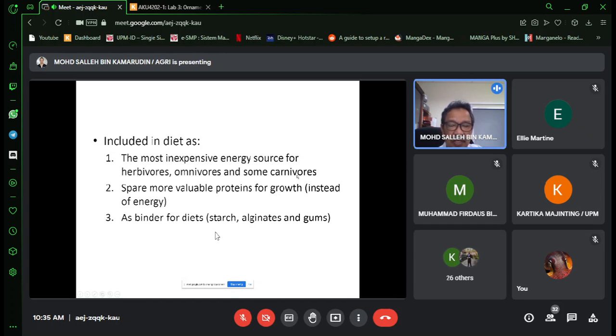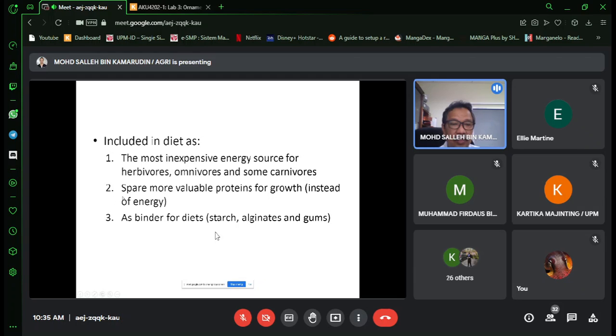Yang carnivorous fish ni biasa kita letak very little carbohydrate. Tetapi dalam buat makanan nanti kadang-kadang kita terpaksa juga masukkan carbohydrate as a binder, dan juga untuk katakan kalau buat floating diet kita masuk juga starch ya untuk buat ni. So kalau nak tahu pasal ni kena belajar khusus satu lagi tu 4401 teknologi aquaculture, teknologi makanan aquaculture.